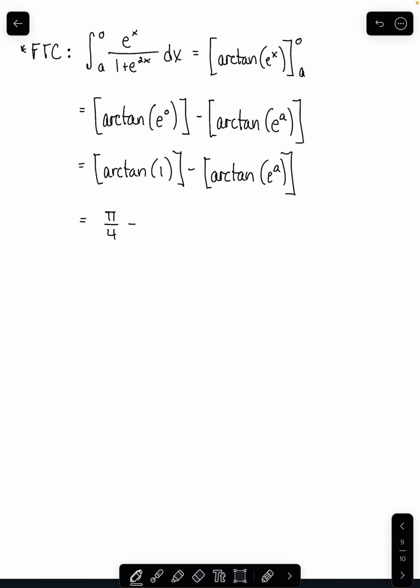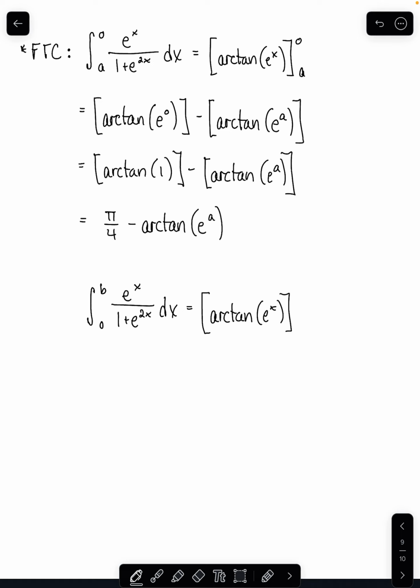So we are left with pi over 4 minus the arctangent of e to the a. Separately, we have the integral from 0 to b of e to the x over 1 plus e to the 2x dx, which would therefore be equal to the arctangent of e to the x evaluated at b minus the arctangent of e to the x evaluated at 0.